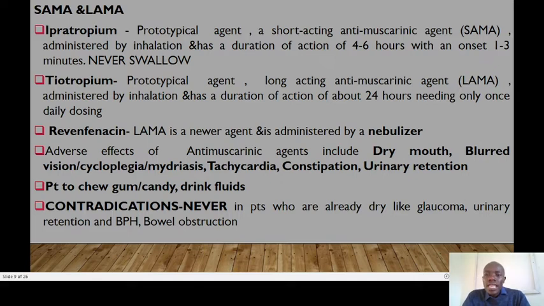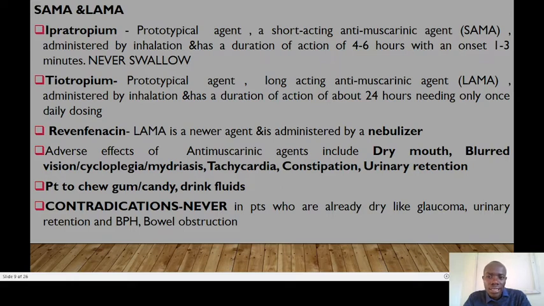Tiotropium will be the prototype agent for the long-acting antimuscarinic agent, the LAMA. This one is normally administered via inhalation and has a duration of about 24 hours, needing just once daily dosing. We also have a new drug, and this is a newly introduced LAMA that can be administered simply by a nebulizer.